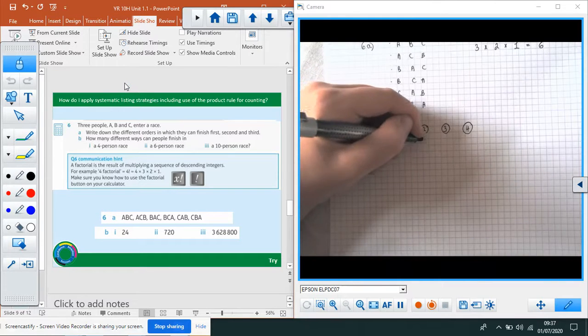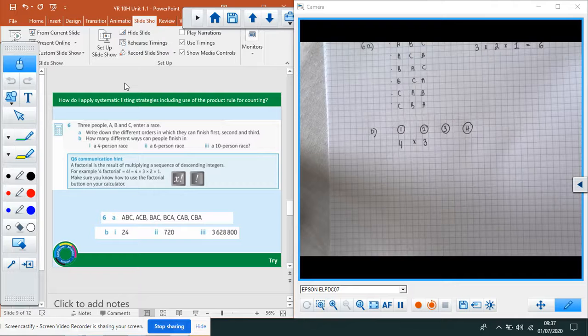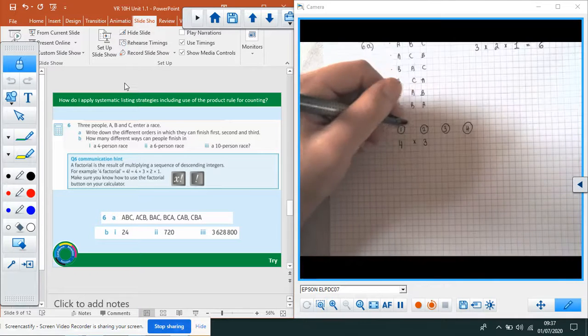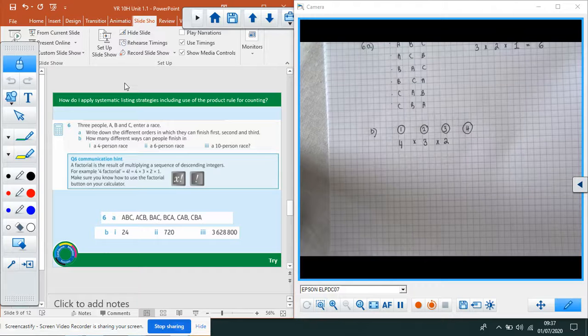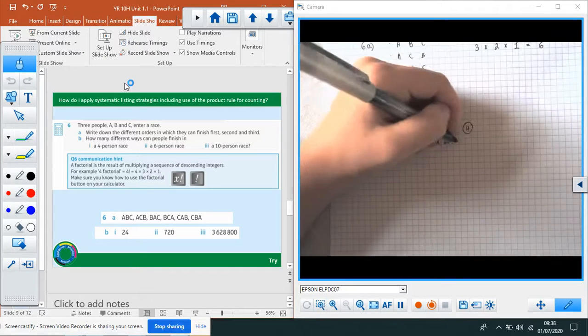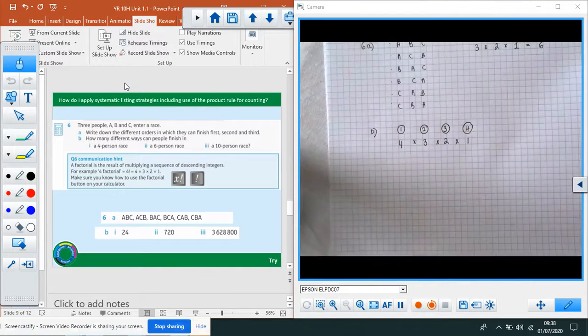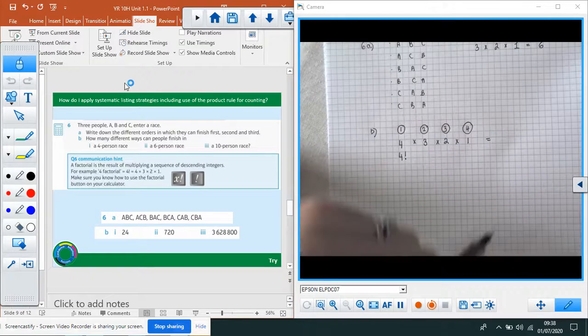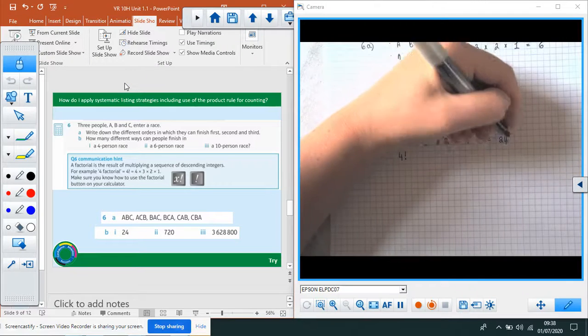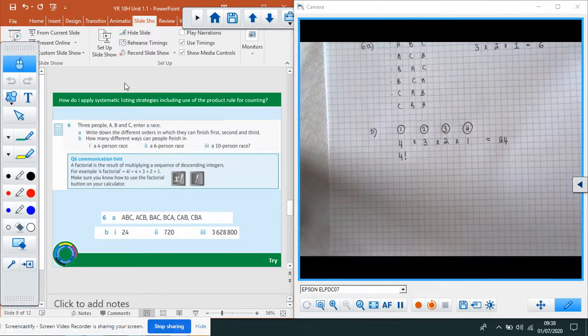Therefore, only 3 people can finish second. And as somebody has to finish first and second, there's only 2 people that could finish third. And as 2 people had to finish third, there's only 1 person that can finish fourth. So to find the answer here, we had to do 4 times 3 times 2 times 1, or remember 4 factorial. You could put that in your calculator as well, and you would have got 24. Okay, that's 24 ways.